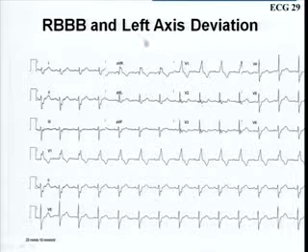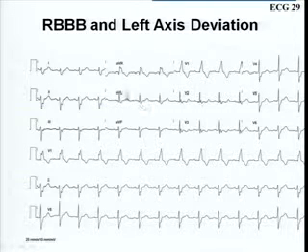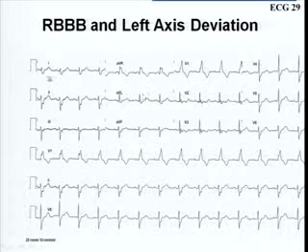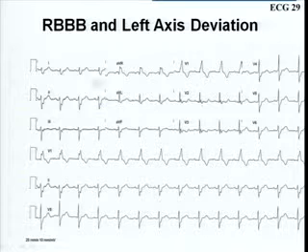That apart, more importantly, what I want to show about left axis deviation is that lead AVL should have the highest R wave, and you can see that the height of the R wave is maximum in lead AVL compared to other leads, and it is predominantly a positive deflection in lead 1 and negative deflection in AVF.